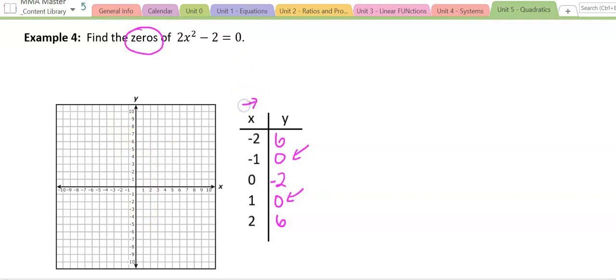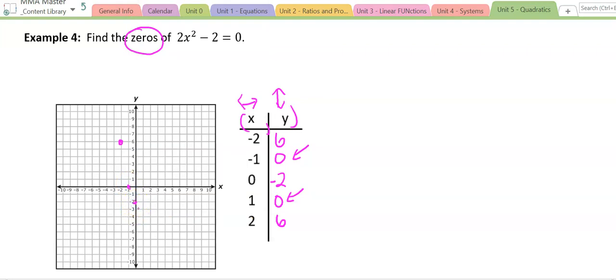As a reminder, a point is x, comma, y, gives it to you right here. Looky there. Okay, so I'm going to go to -2, 6. 0, -2, which is right down here.